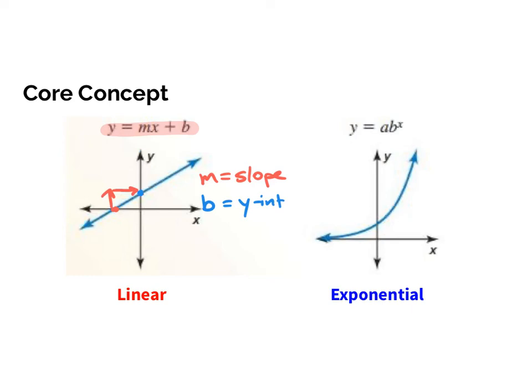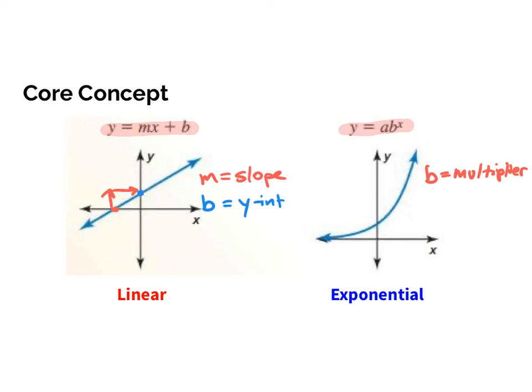Now, this is very similar to an exponential function. An exponential function looks similar, looks different. We have a times b to the x, but when we think about the values of a and b, they are very similar to a linear function. So, for example, the b value represents the multiplier, and this is what we dealt with in exponential growth and decay.